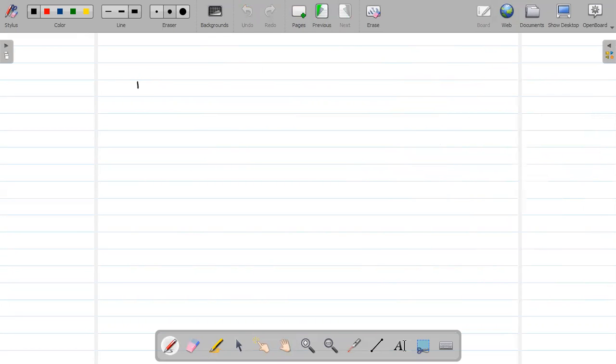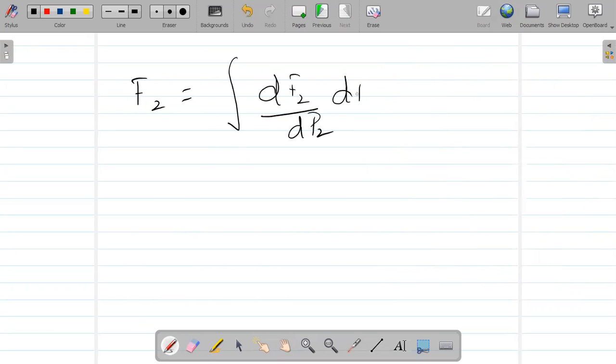Similarly, calculate F2. F2 equals the integral of dF2 by dP2 into dP2, with respect to P2. Now, what are the limits here? You have to write the same values. In the previous case, for the lower limit we put the value of P under economic scheduling.